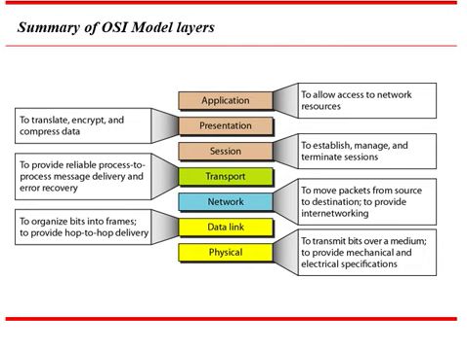The fifth layer is the network layer, which is used to move packets from source to destination and provide internetworking. The data link layer is used to organize the bits into frames to provide hop to hop delivery. The last is the physical layer, which is used to transmit bits over a medium, and also to provide the mechanical and electrical specifications.